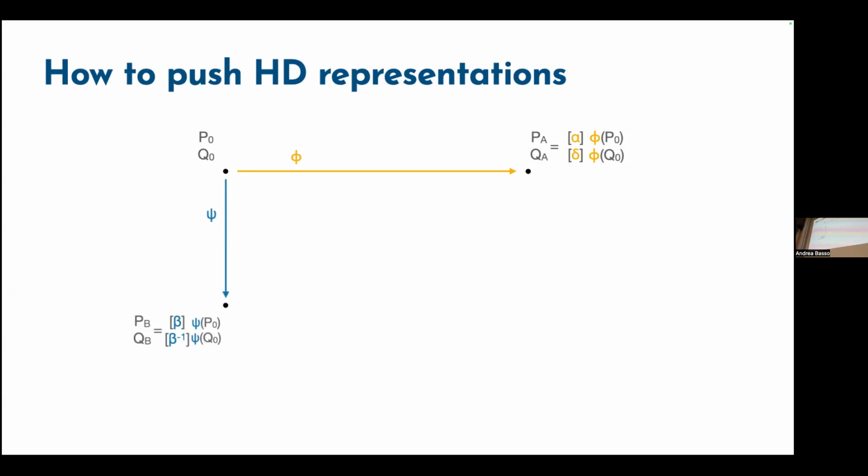The idea is that, assuming that we have some method to compute an isogeny psi here, we can reveal the images of these points P0 and Q0, scaled under some values beta and gamma, just two random values. And we do the same thing on the right side, assuming that psi and psi prime are parallel. Right now, it doesn't really matter how we are going to do that. We just assume that we have a way to do this.